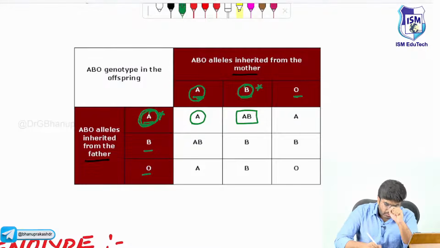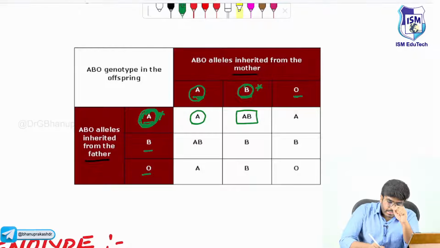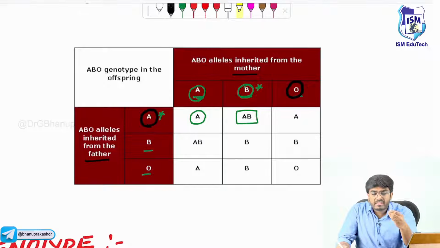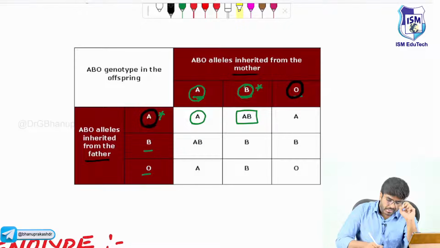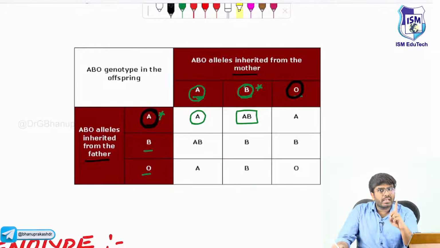Now, for example, father is A and mother is O. Now, O is always recessive. A is dominant, B is dominant, O is recessive. In this condition, what is the baby going to be? You know, only the dominant allele is expressed.